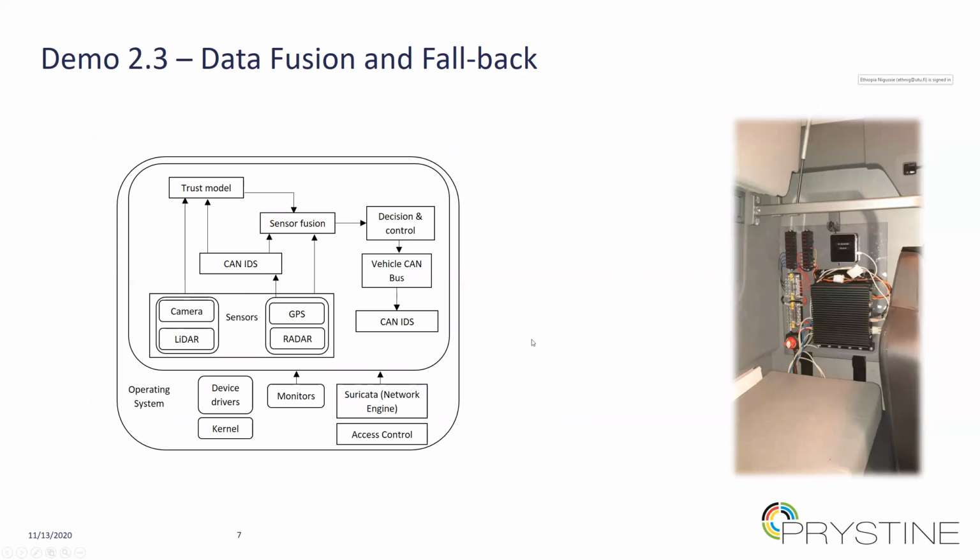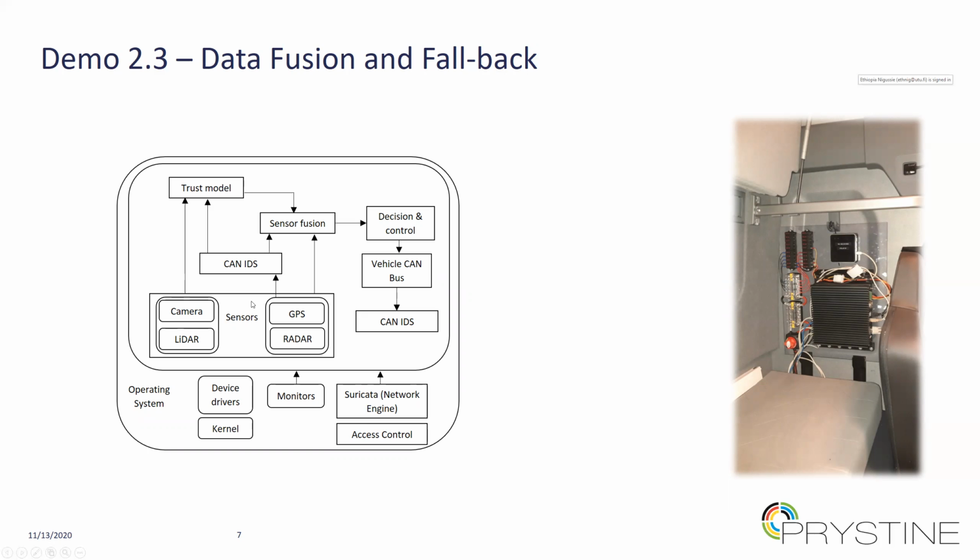So here is the block level depiction of the controller, and its components are here, as you can see. The key element is the middleware on top of the operating system, which integrates the firewall, access control mechanisms, and also distributed monitors, which monitor faults in hardware and software components.